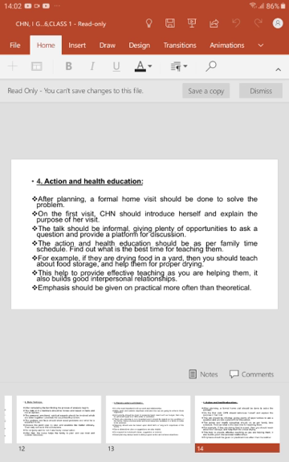The next one is that action and health education should be as per the family's time schedule. It should not be our timing, that is community health timing. So we can inform the family members beforehand for when you are all together.